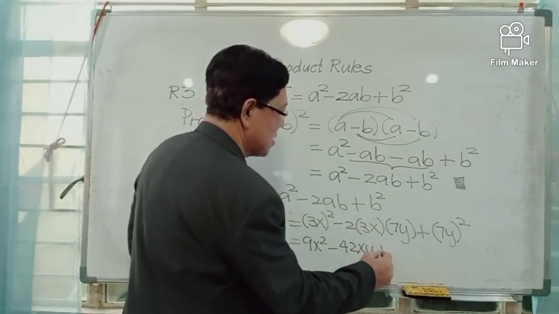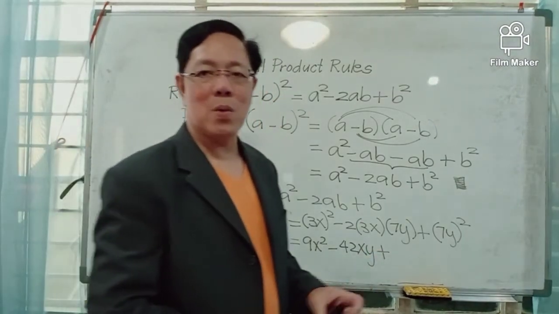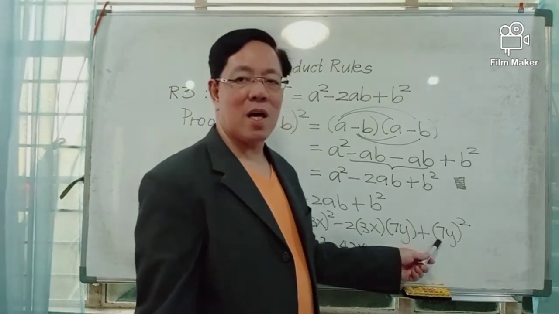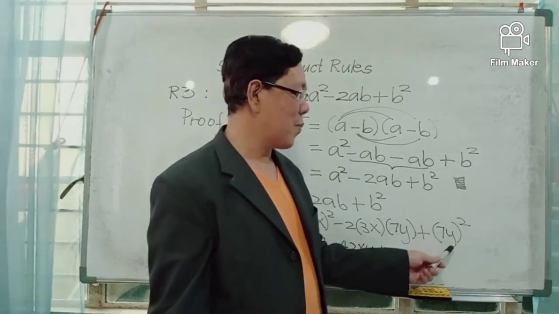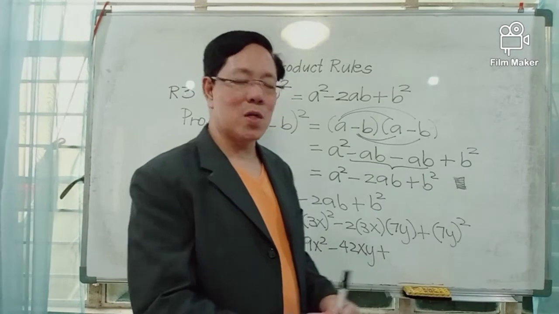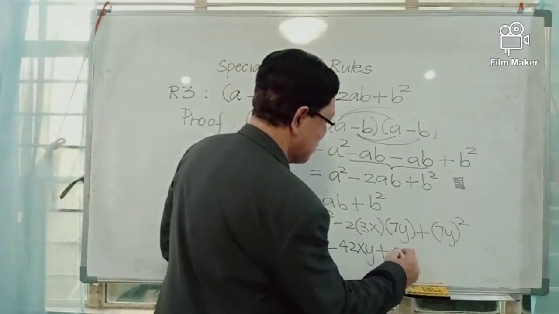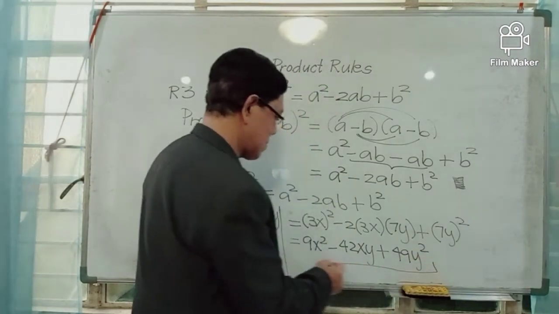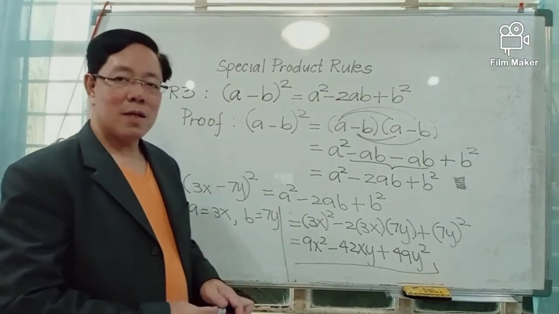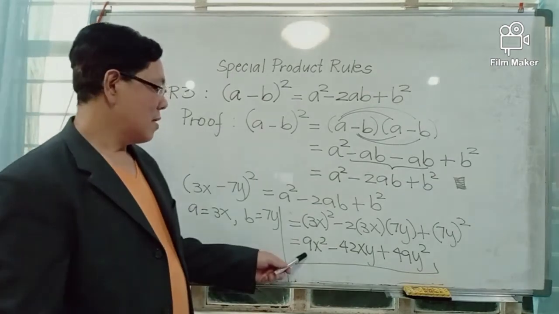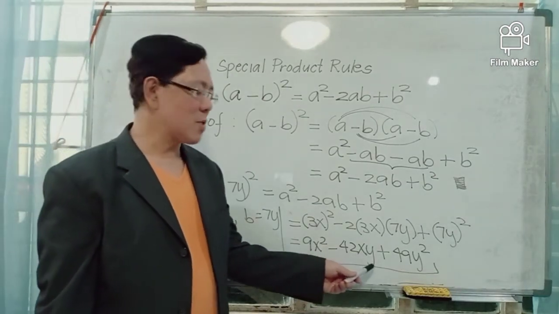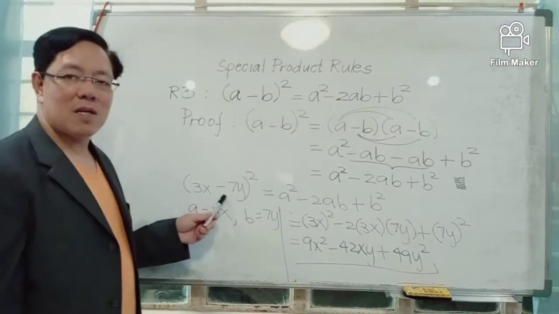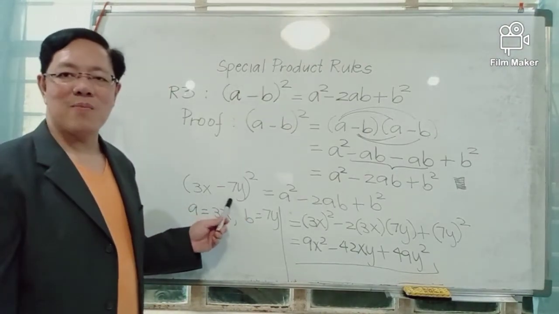And the last term is positive. By property of exponent, the square of 7y equals the square of 7 multiplied by the square of y. The square of 7 is 49, multiplied by the square of y, or y squared. And that is, 9x squared minus 42xy plus 49y squared is the square of the difference of 3x and 7y.